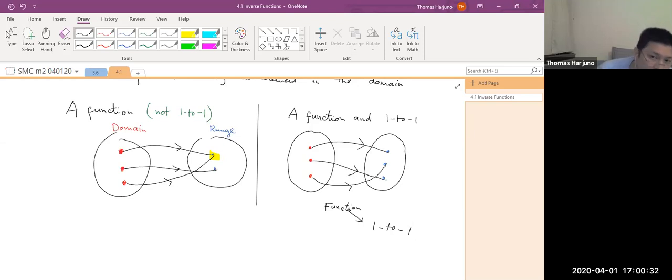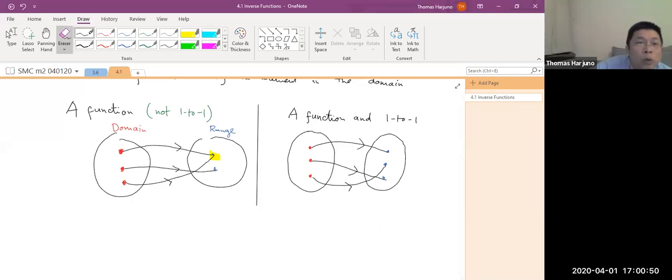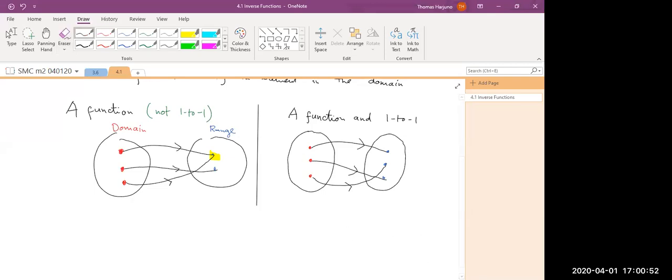You can find a one-to-one relationship which is not a function. Let me say it again. We can find a one-to-one relation which is not a function. The following is a one-to-one relation which is not a function.